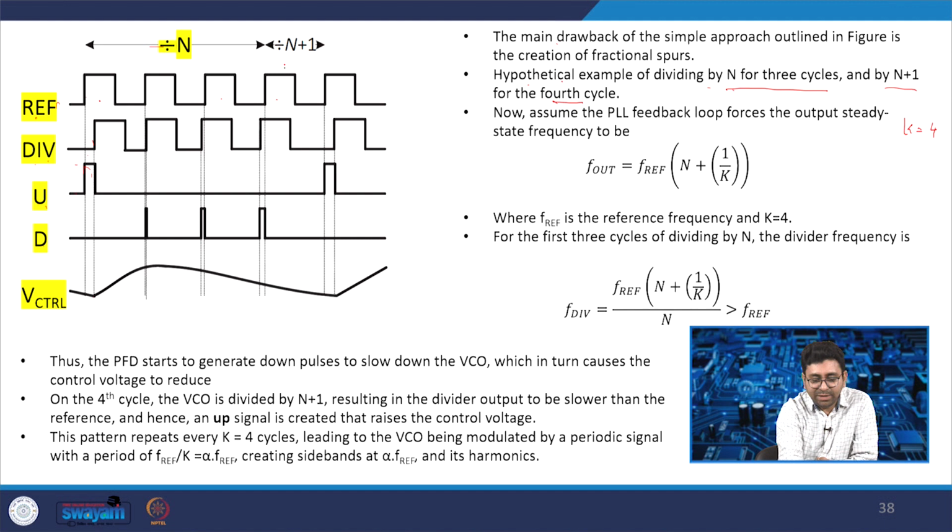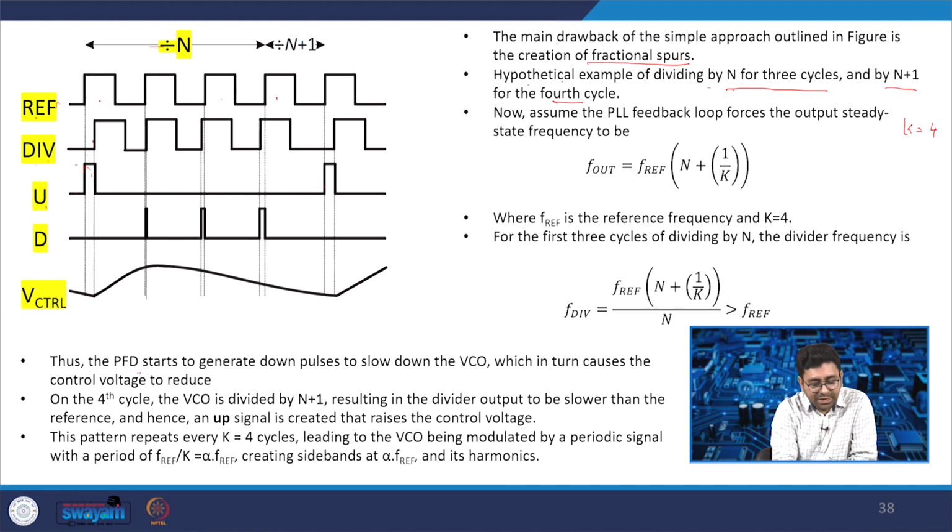When it divides by N plus 1, a spike comes, and because of this difference the voltage starts increasing again, which generates a spur signal, called a fractional spur.